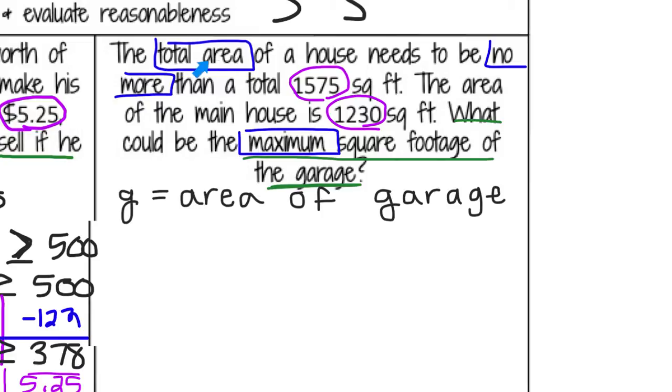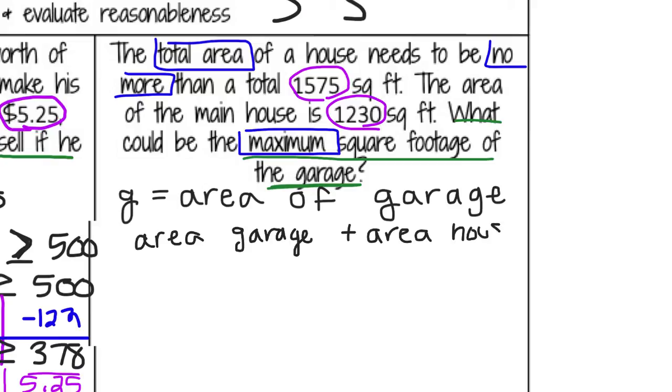All right, so this total tells me that I'm going to need to add something. The area of the garage plus the area of the house is going to give me that total. Okay.